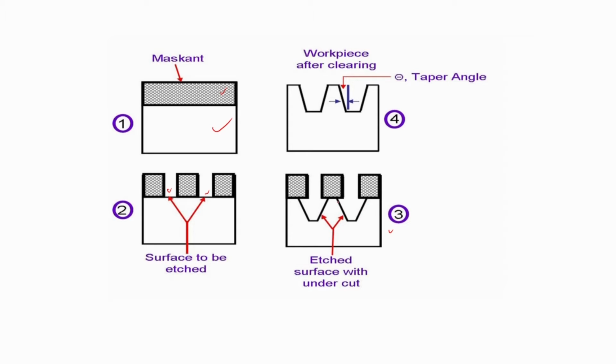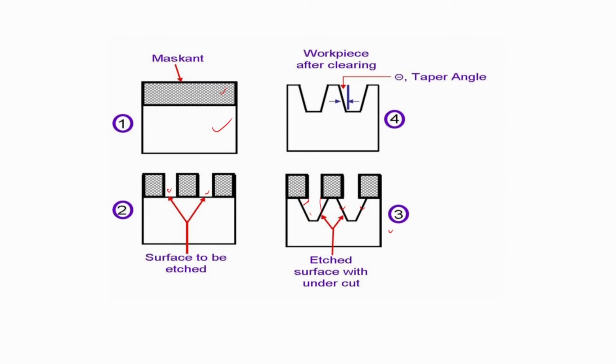So you can see here this kind of tapered surface is made by using this chemical machining process, and here you can see overcut is there. So it should be perfectly vertical, but this kind of overcut is there and a tapered surface is generated.